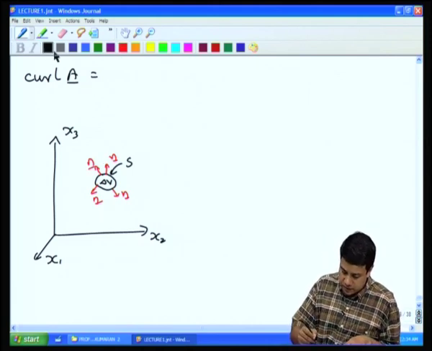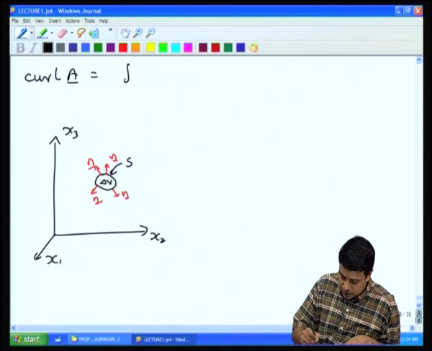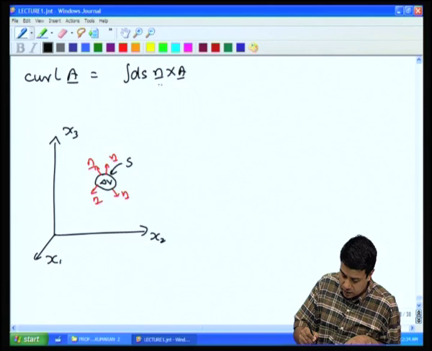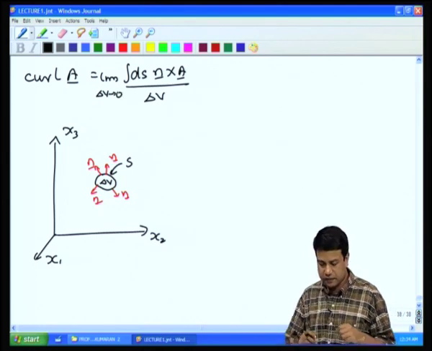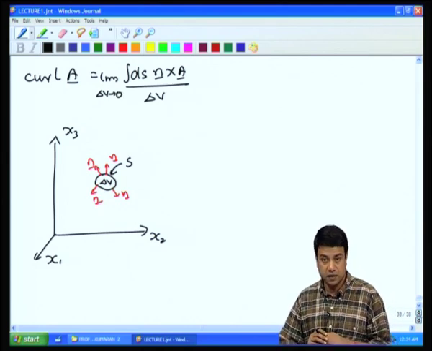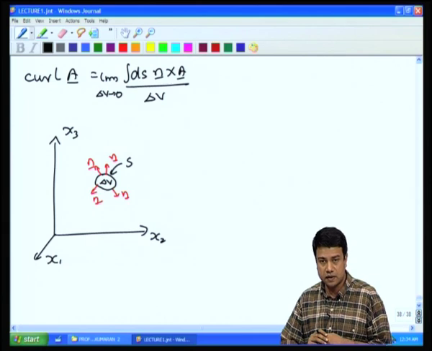The curl of A is defined as the integral over the surface of n cross A divided by delta V, in the limit as delta V goes to 0.